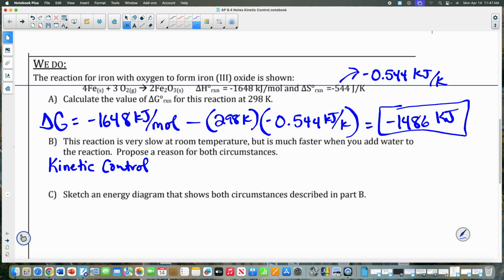Let's propose a reason why it could be under kinetic control. I'm looking at the molecularity of our reactants. We have 4 particles of iron that have to collide with 3 particles of oxygen to produce what we're producing, right? The molecularity, you could say high activation energy. You could really propose any one of those ideas.